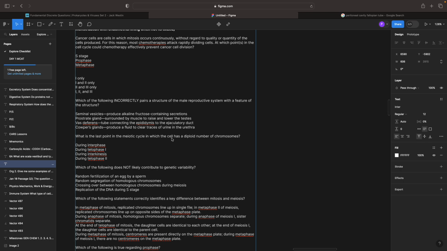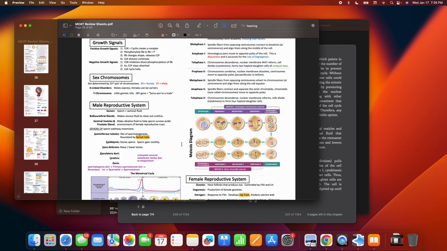Okay. So what was the SEVEN-UP again? So S is the seminiferous tubules. E is the epididymis. V is vas deferens. Next E is for ejaculatory duct, and the U is for urethra, and P is for penis.